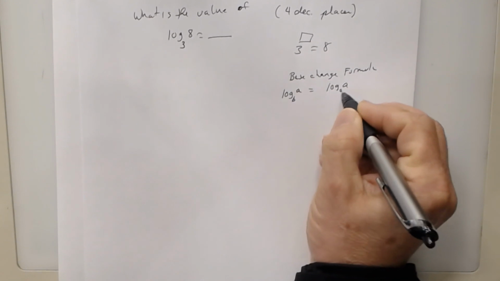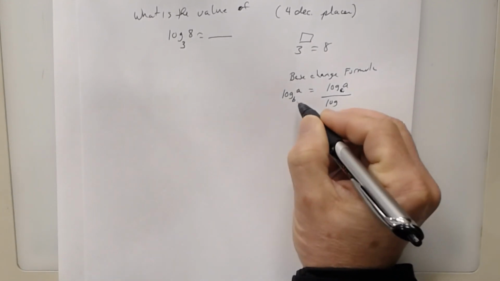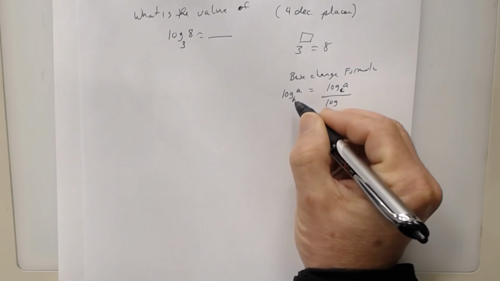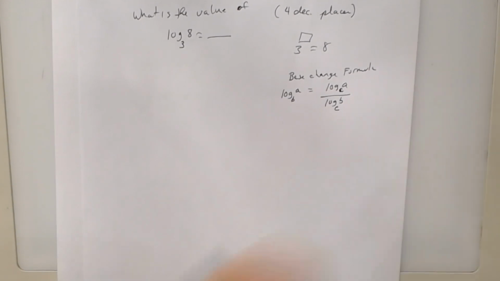C. Divided by the log of the old base, b, with my new base, c. So that's the base change formula. The log of a base b is the log of a with my new base divided by the log of b with my new base.